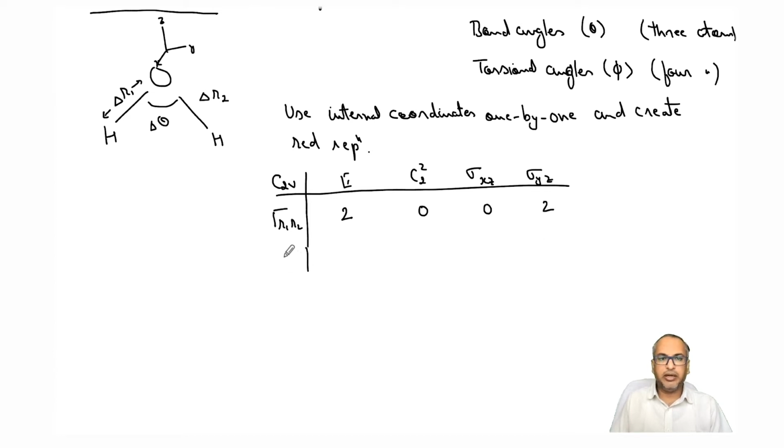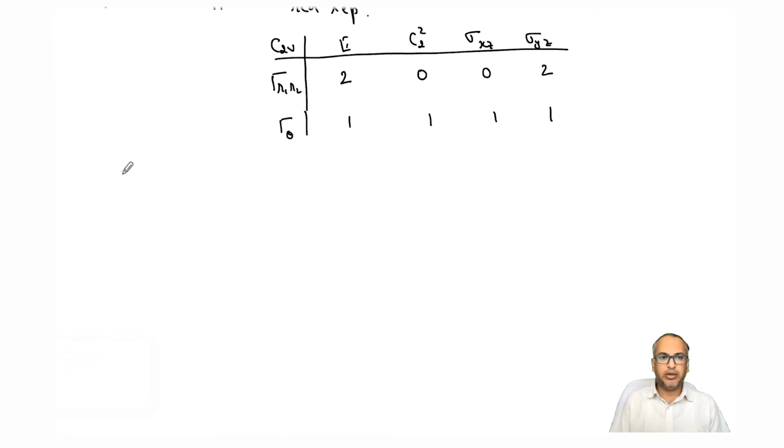Similarly, we can create a reducible representation using delta theta as the basis. Nothing will change for this angle, right? This will be 1 1 1 1. Now this reducible representation can be broken into its component irreducible representations.